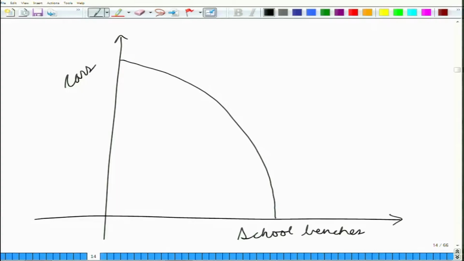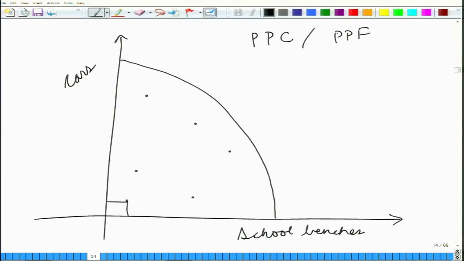So in that case this is your curve, and this is known as the production possibility curve or the production possibility frontier. And you can take any point that is inside this. As a society you might even decide that you will make only say one car and one school bench, and you will keep all of your remaining iron and steel as such.